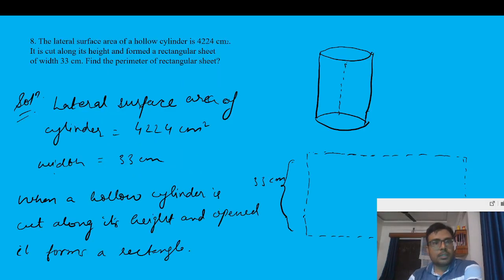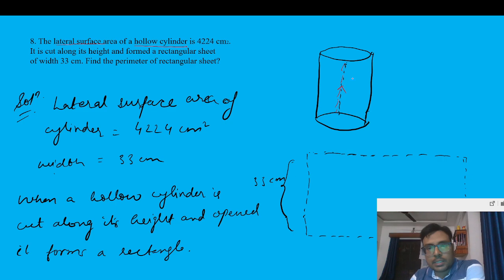Now question number 8. The lateral surface area of a hollow cylinder is 4224 centimeter square. It is cut along its height and formed a rectangular sheet of width 33 centimeter.